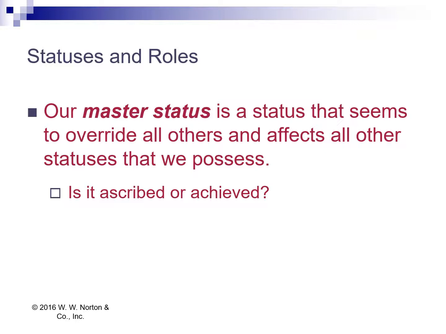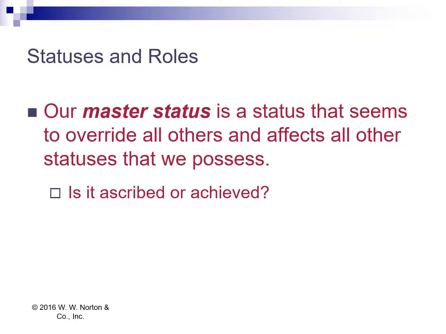There is something that sociologists call our master status. That's the position or status that seems to override all others and affects all other statuses that we possess in our status set. You might think of your master status right now as student, because it's the one that overrides everything else. You should and probably do give it the most attention, and it affects all other statuses that you have right now.